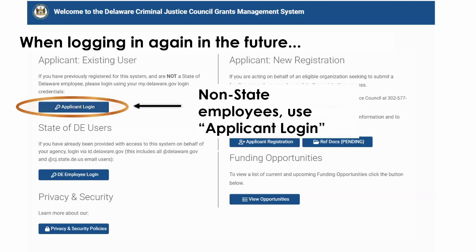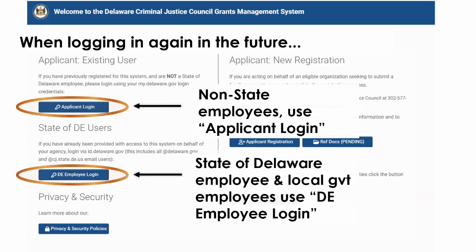My.Delaware users for non-state agencies will use this top button for applicant login, while ID.Delaware users who work at the state and local law enforcement agencies will use this middle button for DE employee login. These buttons on the left will be the only buttons to click to log into the system from this point forward. Make sure to have at least one person from your agency who can complete the program areas of applications and quarterly reports, and one person to complete the fiscal areas.